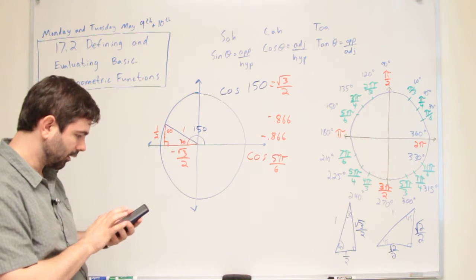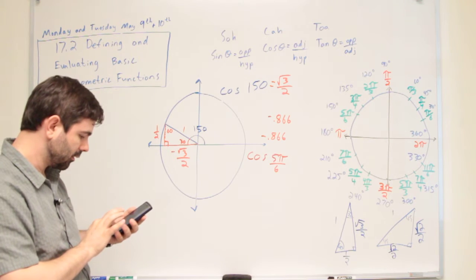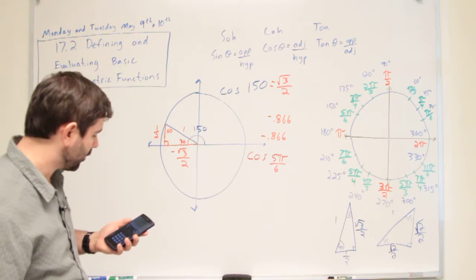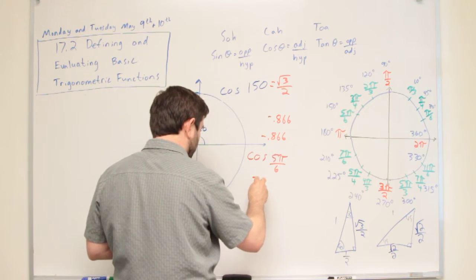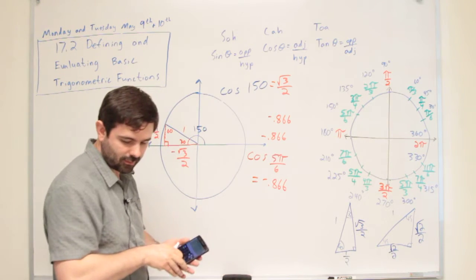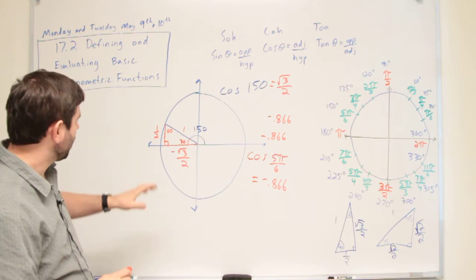Pi is second exponent. Divided by 6. And we get, surprise, surprise, negative 0.866. Okay, so pretty cool. Pretty straightforward how this works. So we've done a cosine.